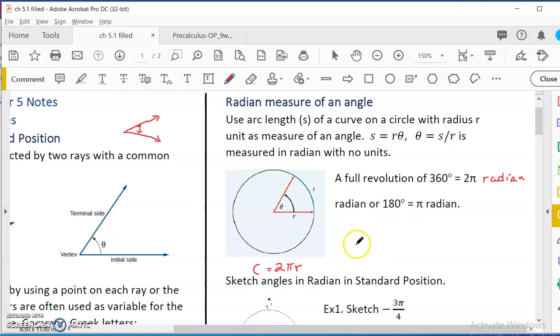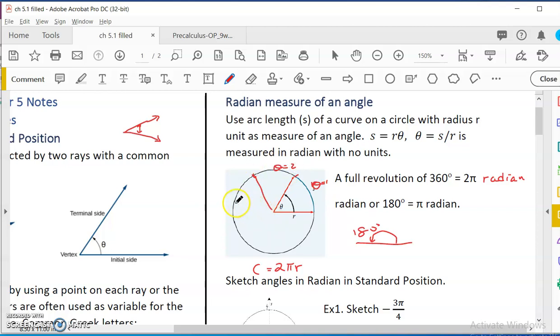180 degrees is pi radians. That means usually we measure 180 degrees here, but how many radians is it? You can imagine this is one radius, and around here is another radius. So this is theta equal to 1, and another 1, so theta equal to 2 is around here.